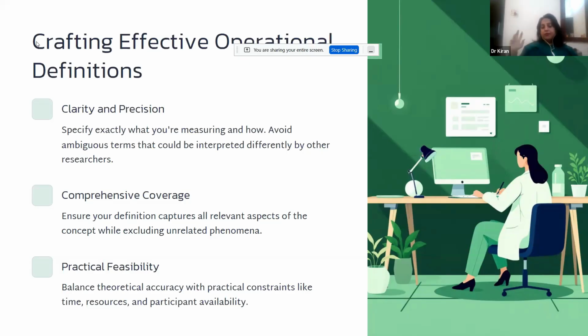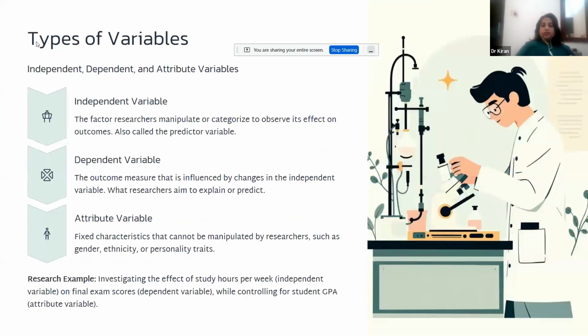It should comprehensively cover all relevant aspects, and it should be practical enough, because from a theoretical construct you are putting it into a practical construct. You are using your time and resources, and you also have to ensure participant availability for conducting the research on your variables.